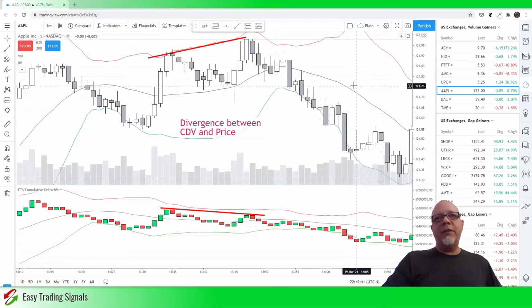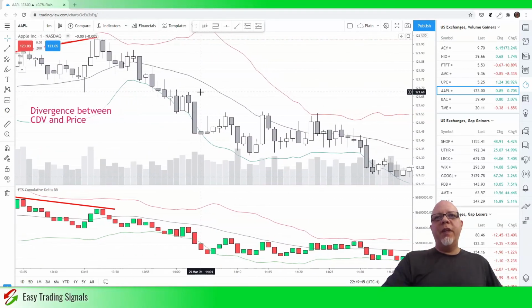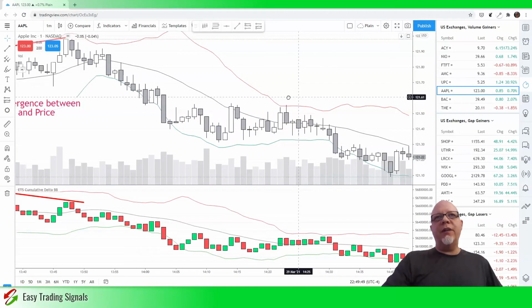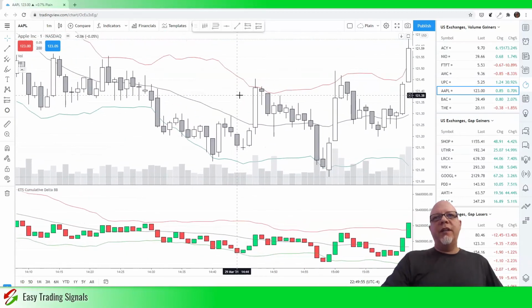I've found it to be very, very valuable. Of course, a lot of times it corresponds pretty closely to what you see on price. But what I've found particularly useful is to see when it diverges. So for instance, here once again, you can see that price touched the upper Bollinger, but over here on cumulative delta, it didn't even get close.